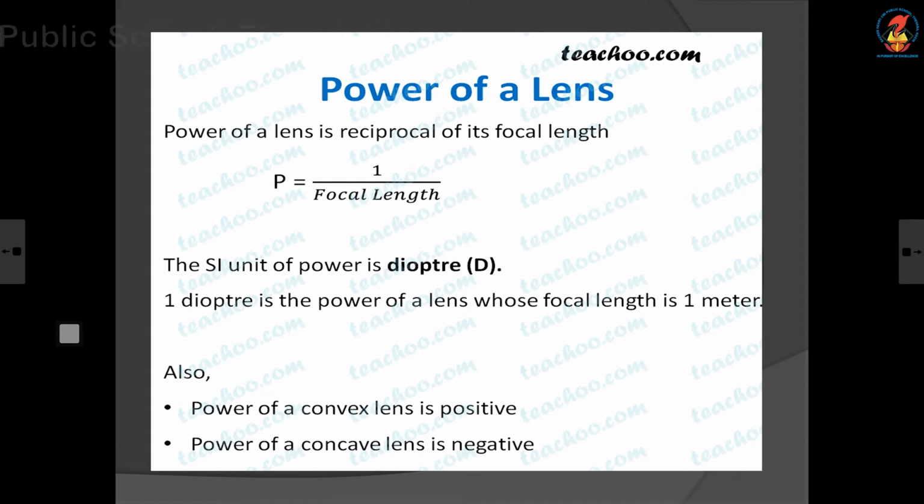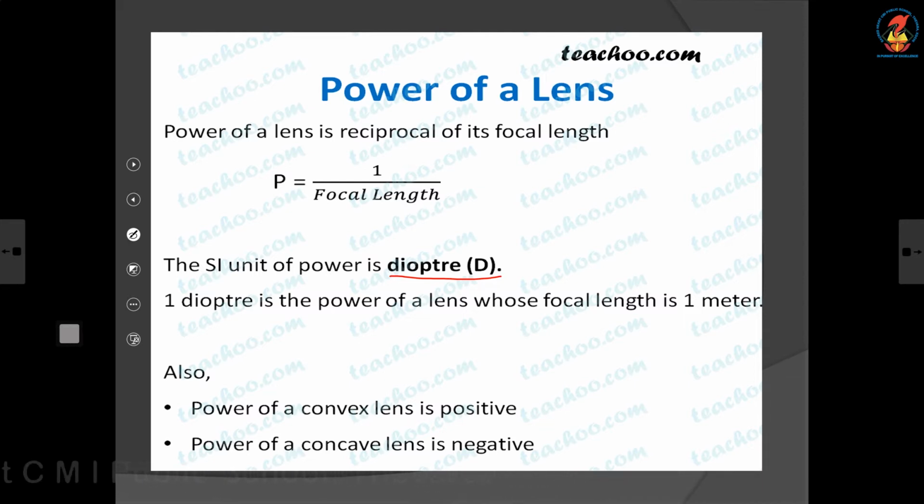It is denoted by the capital letter D. 1 diopter is the power of the lens if the focal length of the lens is 1 meter. If the focal length of the lens is 1 meter, then its power is 1 diopter.